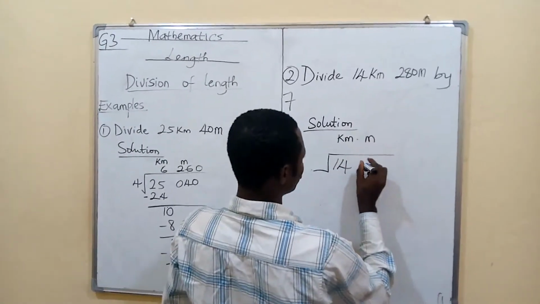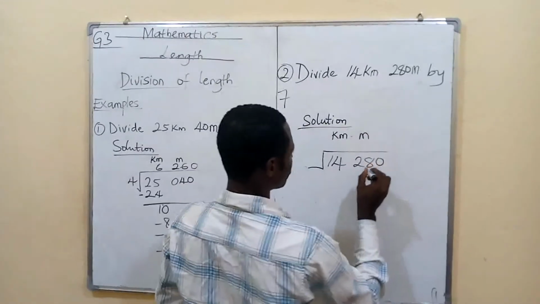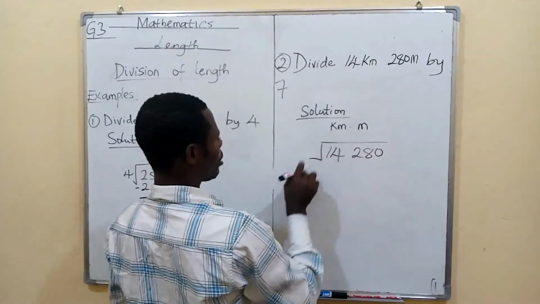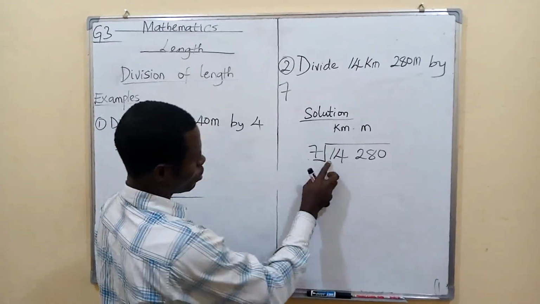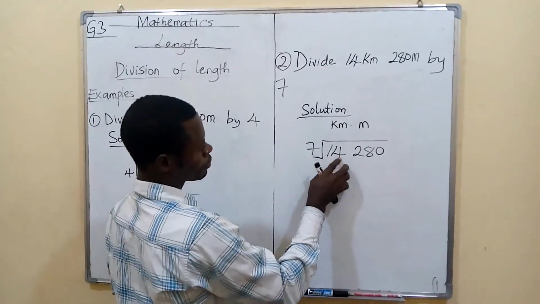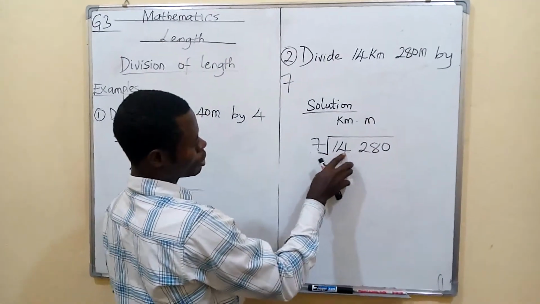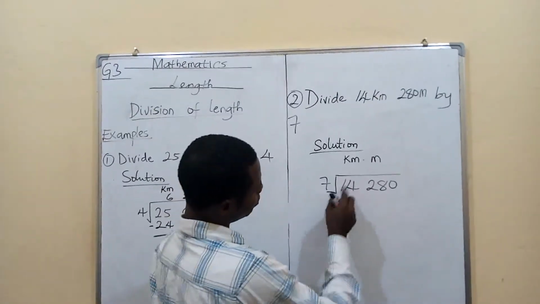And what? 280 meters divided by 7. 1 divided by 7. Not possible. 14 divided by 7. Alright?